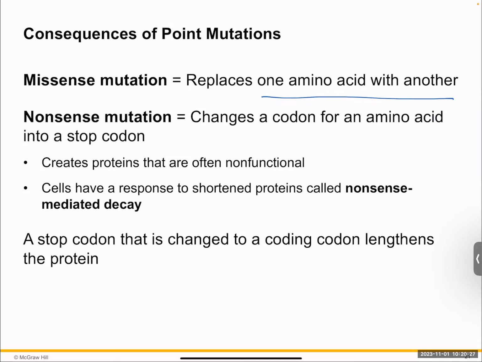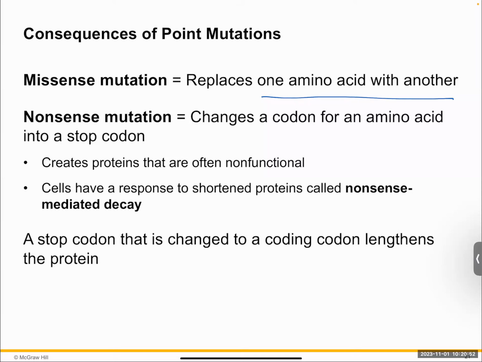Nonsense mutation is where you take a sequence and by changing that single point mutation, you change a regular amino acid to a stop codon, and therefore the protein basically ends. So you're producing a protein that's typically much shorter, and that protein would be non-functional.